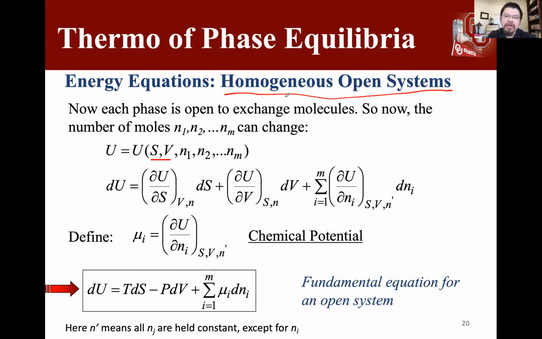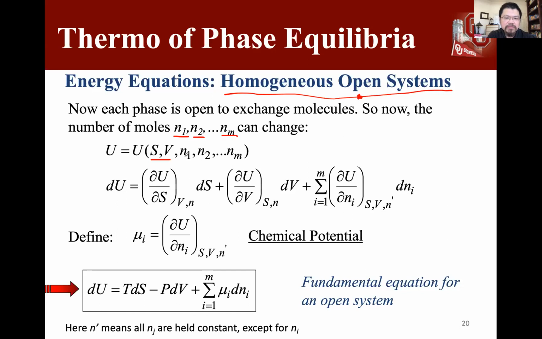So if we start with a homogeneous open system, we can see that each system is open to exchange. That is why it is open to exchange molecules, to exchange energies. Now the number of moles for each phase, say we are going to have M1, M2, and up to the M phase.